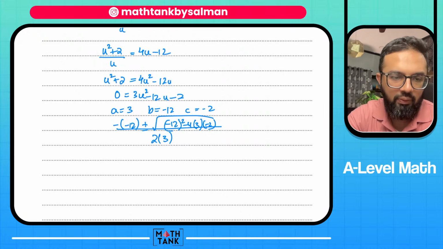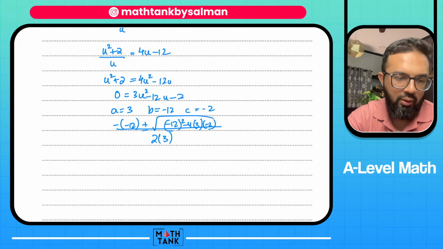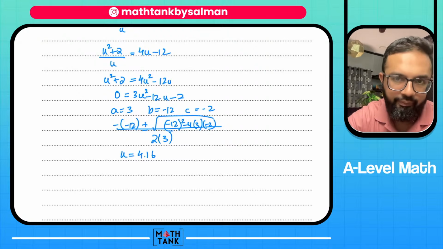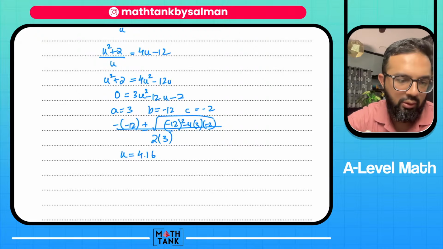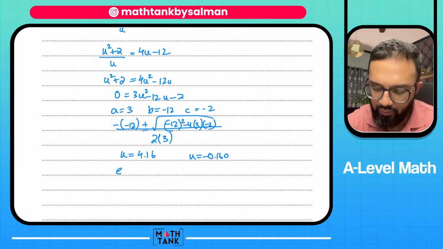I am getting u equals 4.160 and u equals minus 0.16. These are both values for e power x.